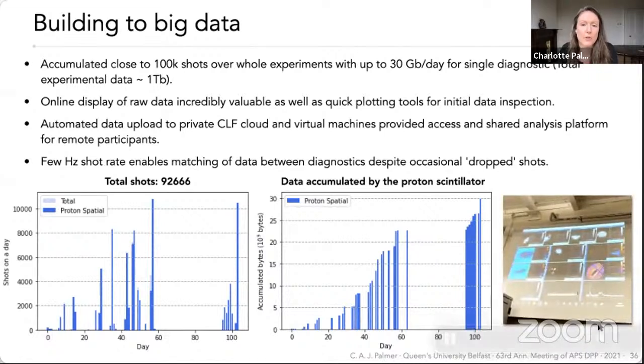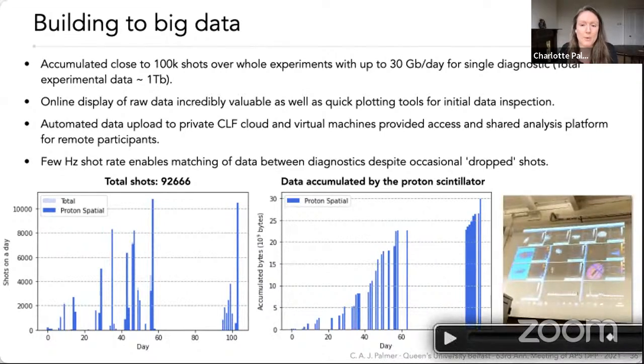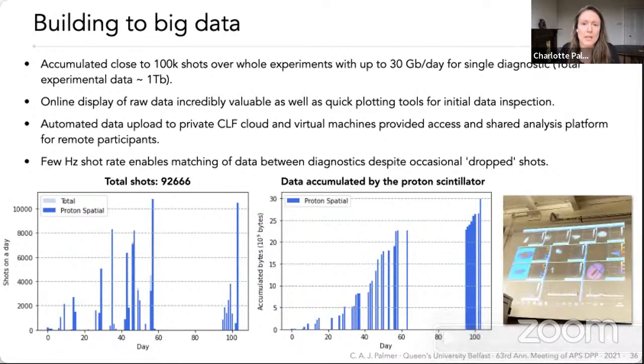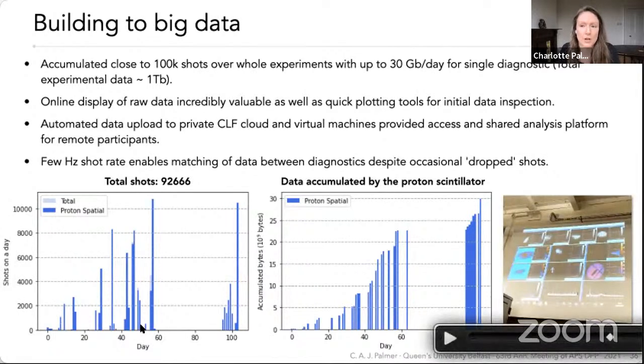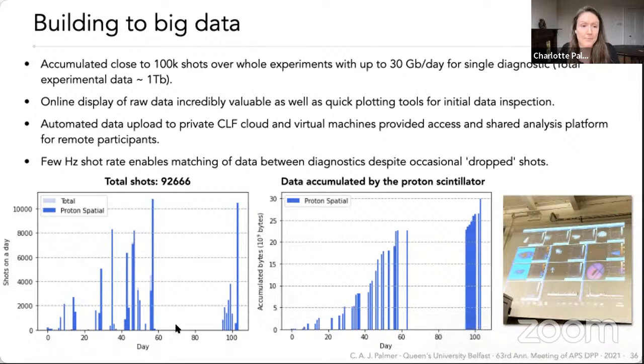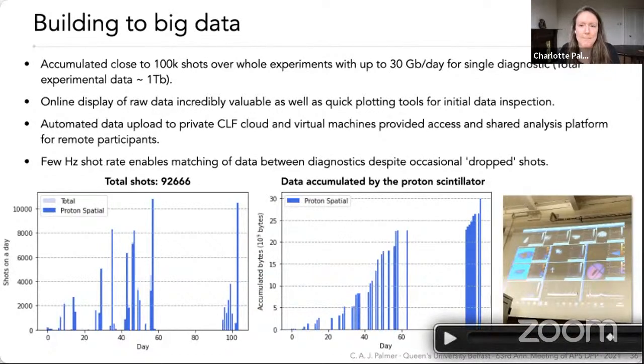And so over the course of the experiment, we were able to acquire close to 100,000 shots. You can see the number of shots per day here on the left, and then also the accumulated data by one specific diagnostic, the proton scintillator, on the right, with the big gap for the asbestos removal, laser maintenance, and we used that also to change our target.